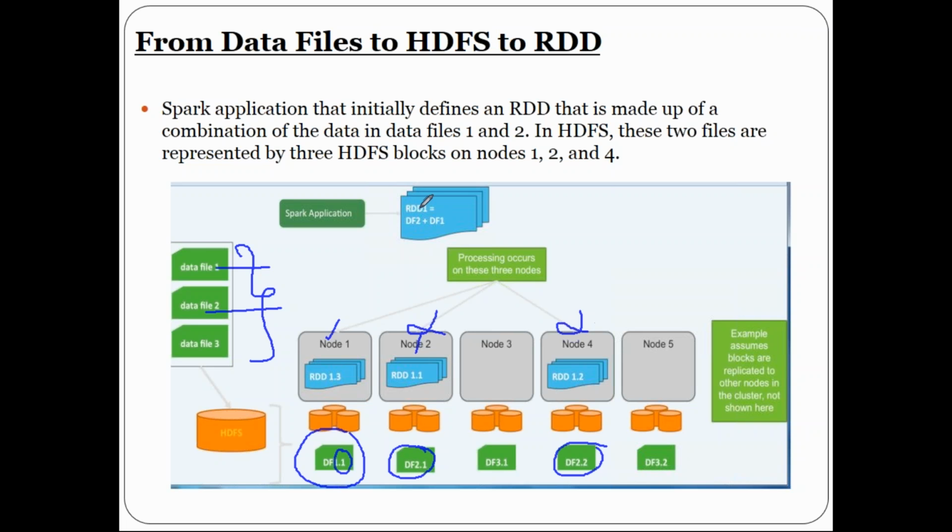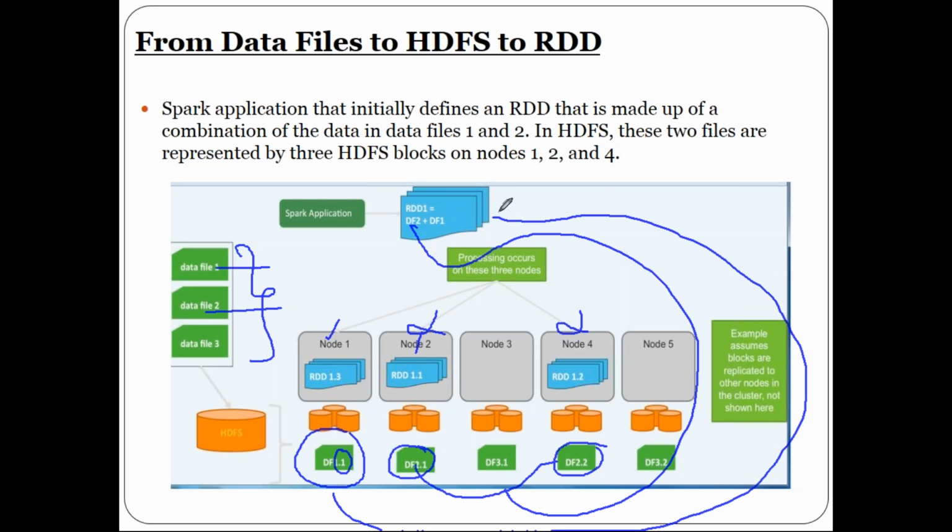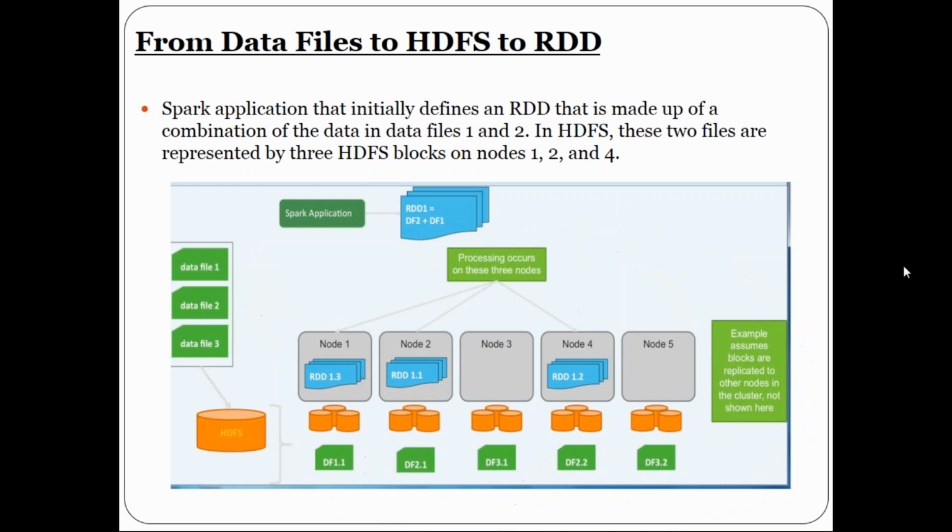Now when your RDD reads it, it takes these two as one thing and this one as another thing, meaning a combination of elements. This combination of elements is now an RDD. How partitioning is happening in this RDD, we'll discuss now.